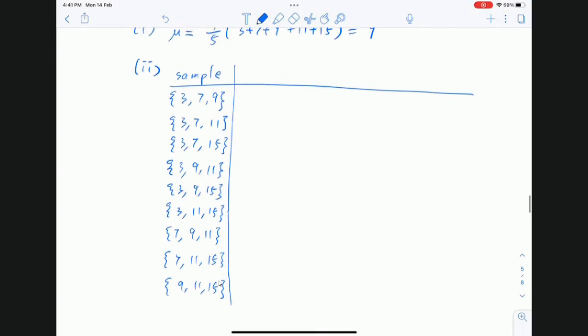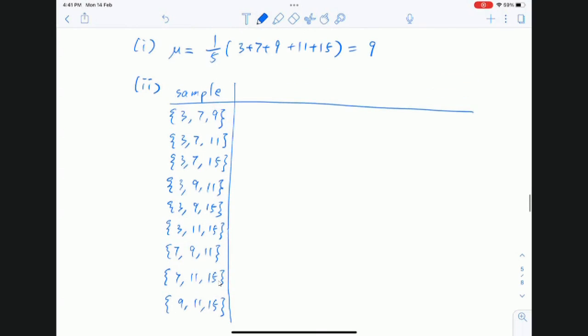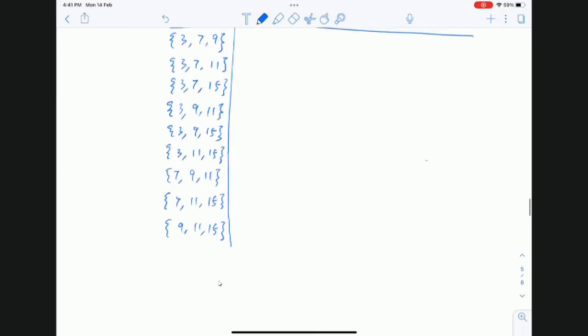Yeah, I had missed one of them. 3, 7, 9, 3, 7, 11, 3, 7, 15, 3, 9, 11, 3, 9, 15, and then 3, 11, 15. And then 7, 9, 11, 7, 9, 15. I missed the 7, 9, 15.